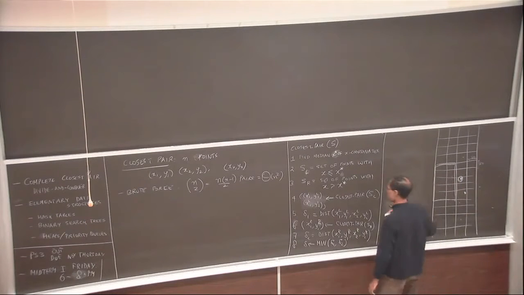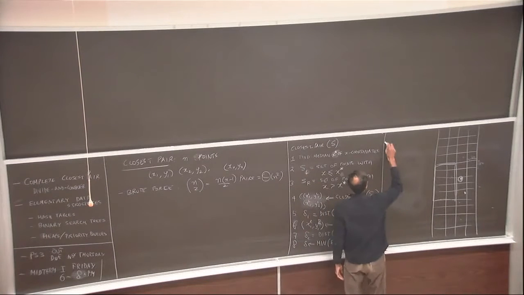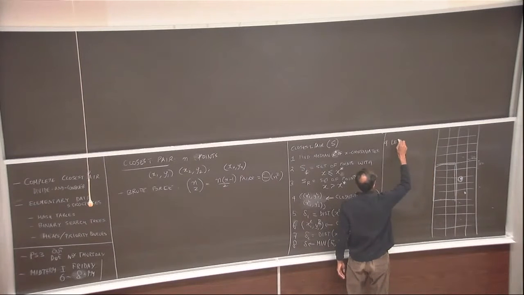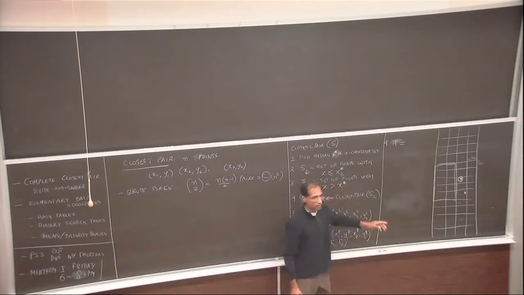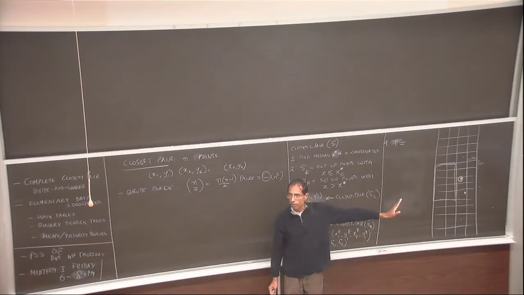So I already found the median. Let's call this set T. I'm just going to write down T equals. The way we are finding this is by just doing a linear scan over all the points.